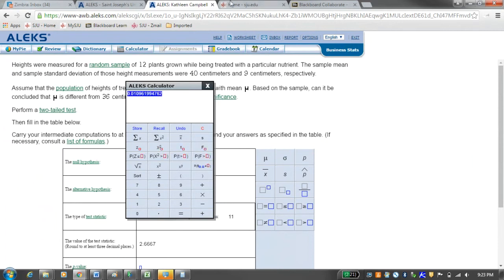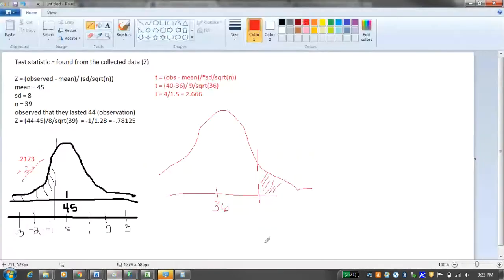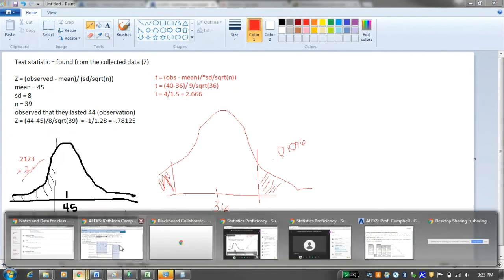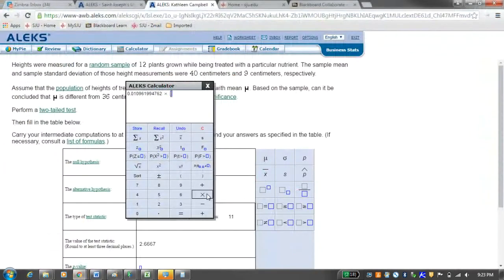The value we get is 0.01096, which is nice and small. But remember, that's only over here. When it's a two-tailed test, we need to double it because it's equally likely that it could have been on the other side. So I need to multiply it by 2, and we get 0.02192.